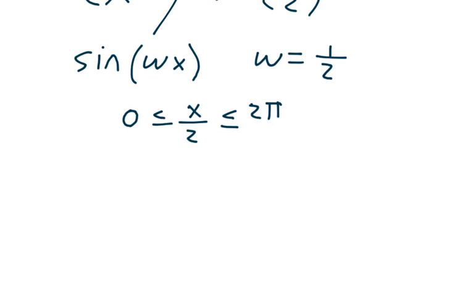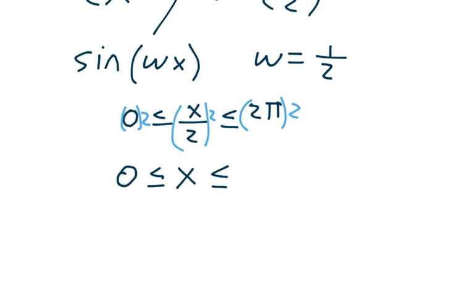If you divide by a half, that's the same as multiplying by 2. So if we multiply everything by 2, here's 2, here's 2, here's 2, which again is the same as dividing by omega, which is a half. So we get 0 here, less than or equal to x, less than or equal to 2 pi times 2, which is 4 pi.